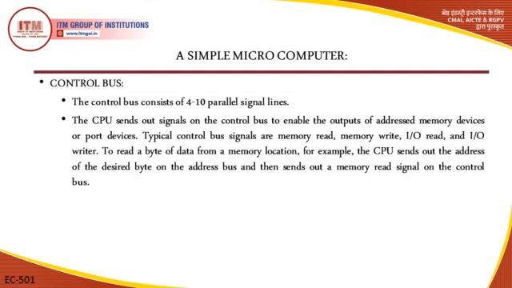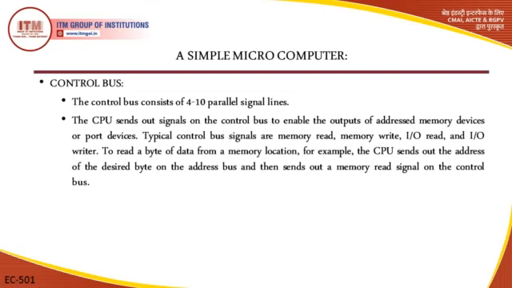Typical control bus signals are memory read, that is the command signal for reading the memory, memory write, that is the command signal for writing to the memory, IO read and IO write.